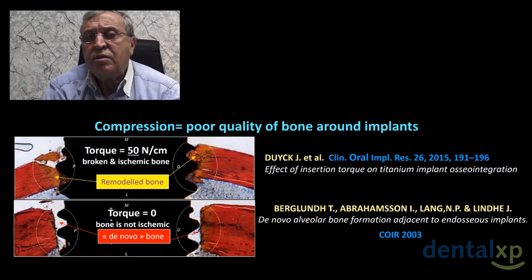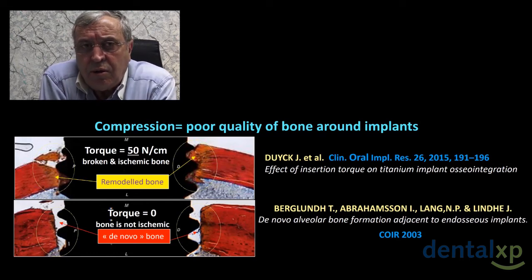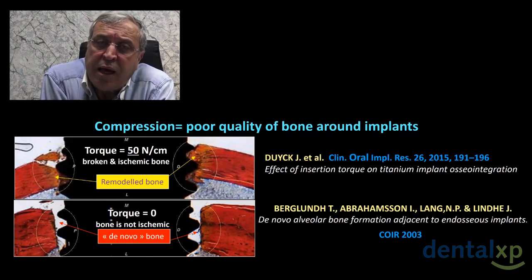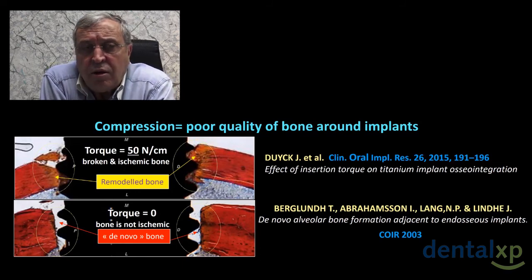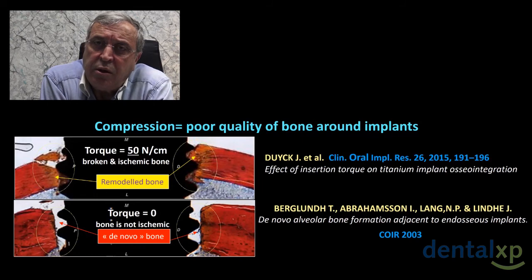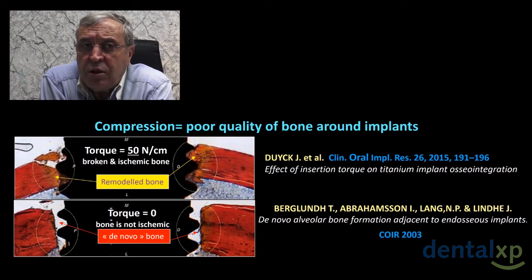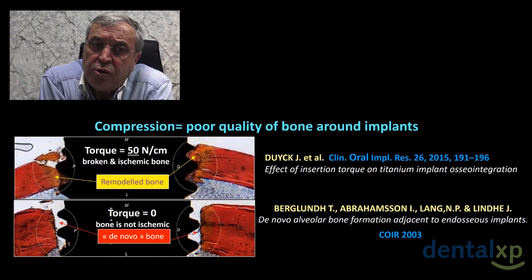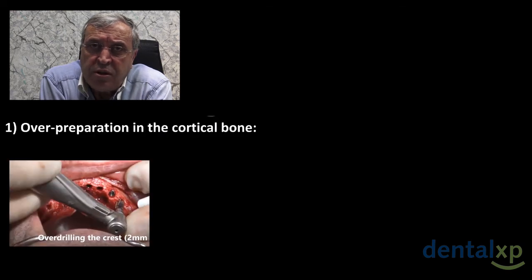But we know since 14 years from Berglund that in the place where we placed an implant with high torque, the bone is healing as a remodeled bone, means it's healing as an ischemic bone. And this bone has a lot of chance to resorb. In the place where there is no pressure, the bone is a de novo bone, fully vascularized. This bone will never disappear.